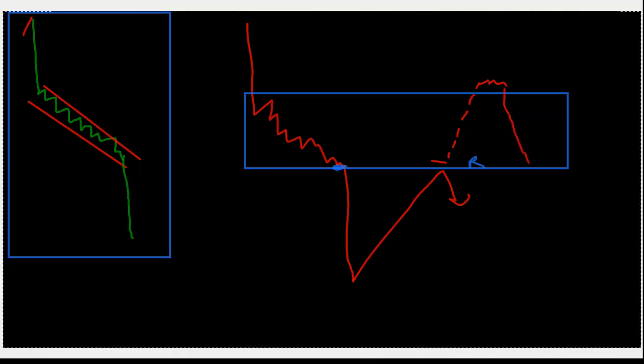Okay, so once it's retraced to the base, if we're going to get trend continuation, the resistance level here will hold, and it will hold fairly well. Sometimes you might get a small bit of an overthrow into the structure and then back out, and then you can expect trend continuation.